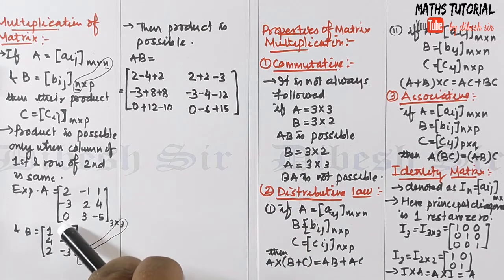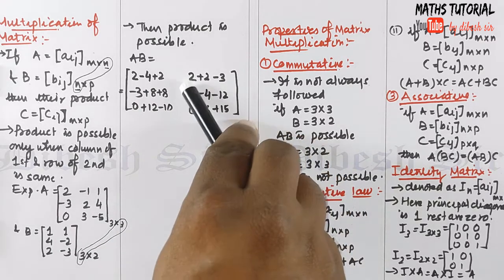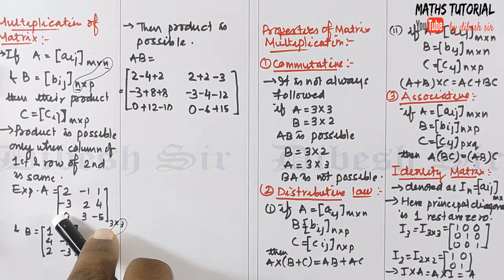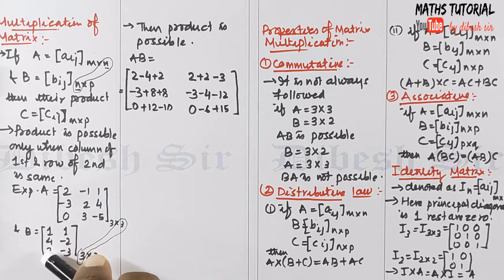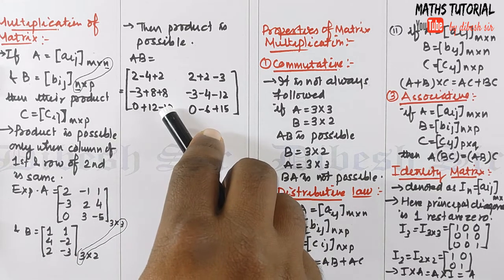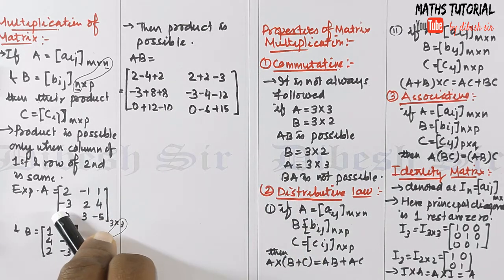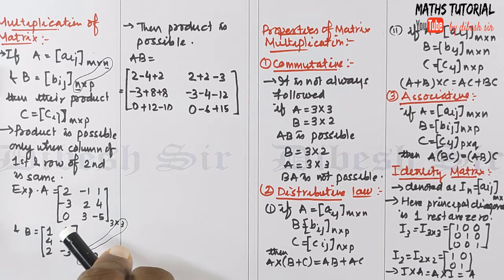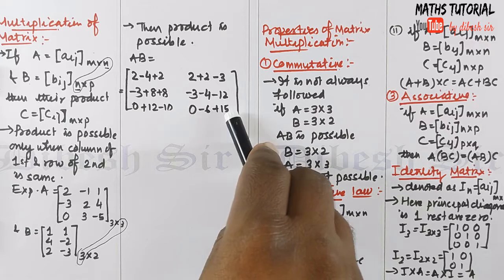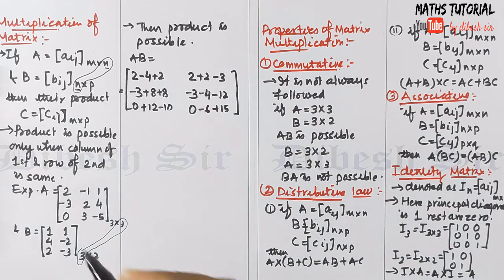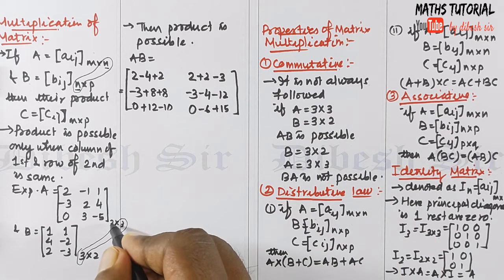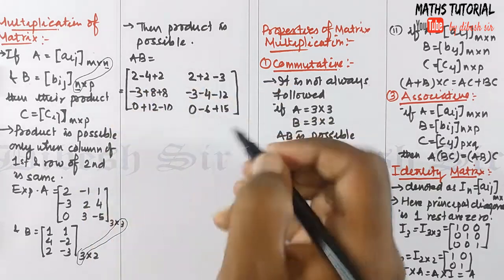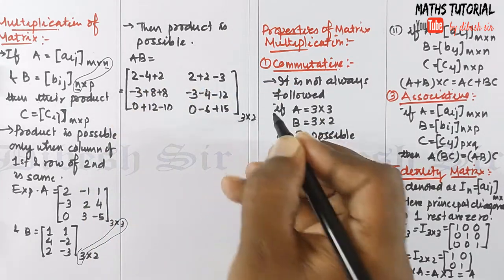Second row multiplied with the second column and placed in the second row but in the second place. Again, third row multiplied with first column and placed in the last place. Again, third row multiplied with second column and placed in the last place. Understood or not? So check, the answer will be 3 cross 2.